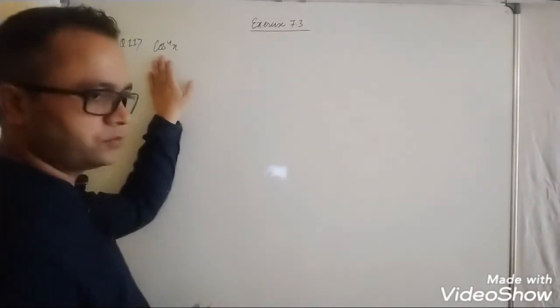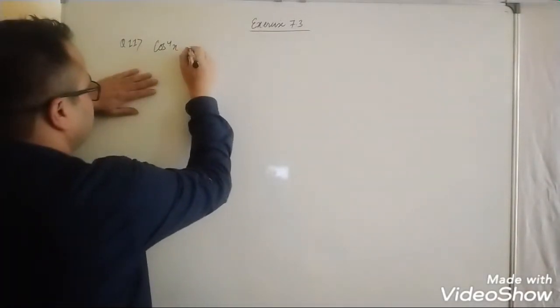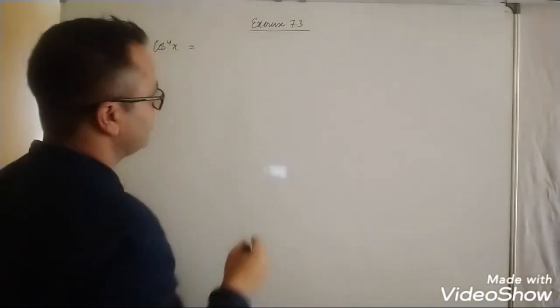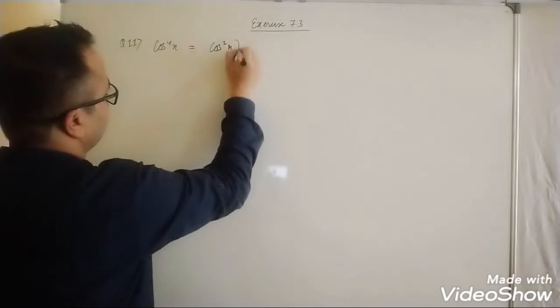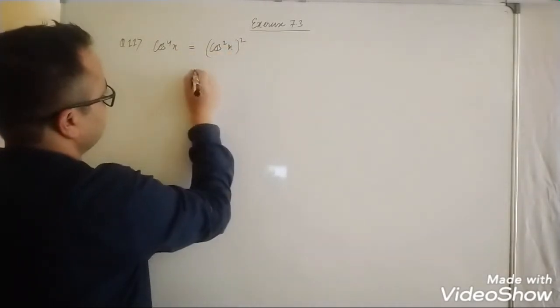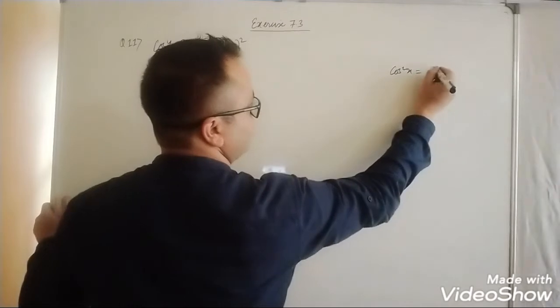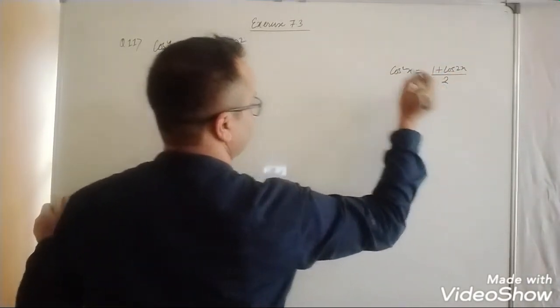It is cos to the power 4x. First we have to make it into standard form by using trigonometric identities. So it is cos square x whole square. Now what is the formula of cos square x? Cos square x is 1 plus cos 2x divided by 2.